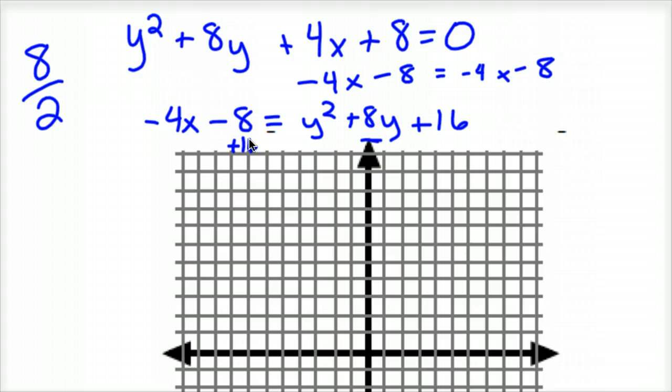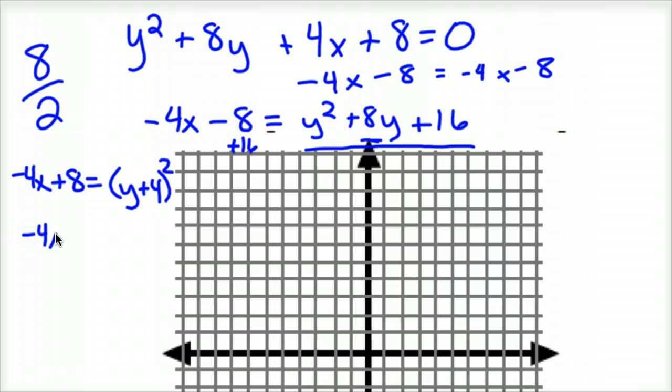And we'd have, I'm going to write it off to the left here, negative 4x plus 8 equals, and then this factors to y plus 4 squared. Now solve for x, and you'd have negative 4x equals y plus 4 squared minus 8, and then divide everything by negative 4.